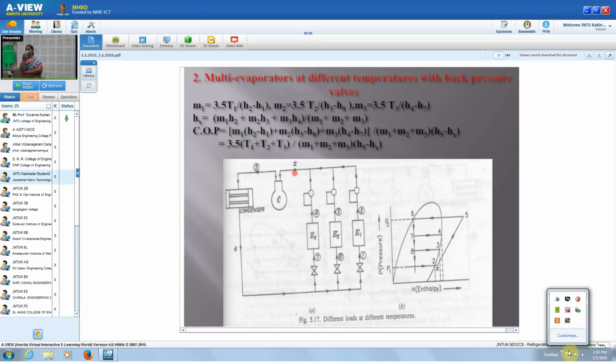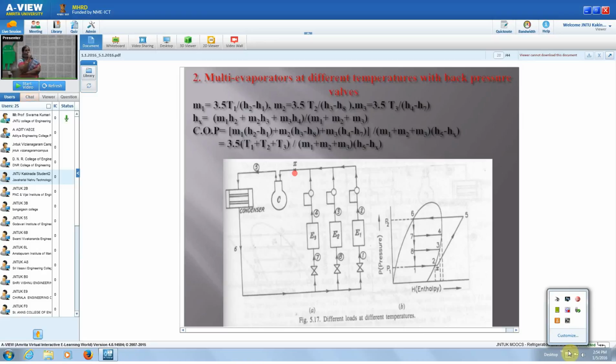So with this also we can find out what is the mass of the refrigerant required for the first evaporator, which requires T1 tonnage of refrigeration, which is equal to 3.5 into T1 by the refrigerating effect produced. That is H2 minus H1.